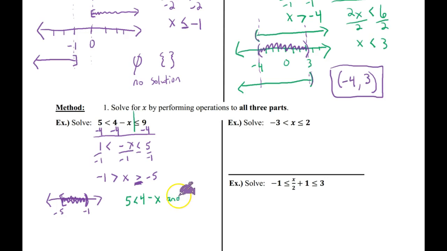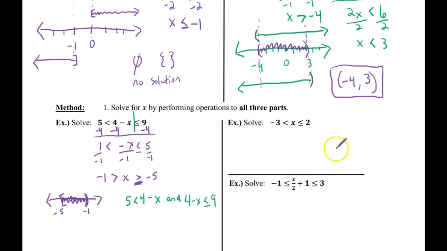And going the other way, ignoring this now, I want 9 is greater than or equal to the entire middle section again, so 4 minus x is less than or equal to 9. This has to be true, and that has to be true. But we should end up with these same values of negative 5 and 1 when we solve them. Those are the 2 ways that you are welcome to solve them.